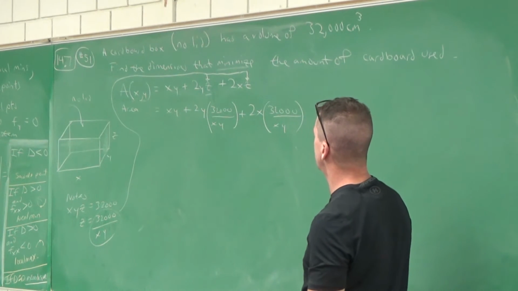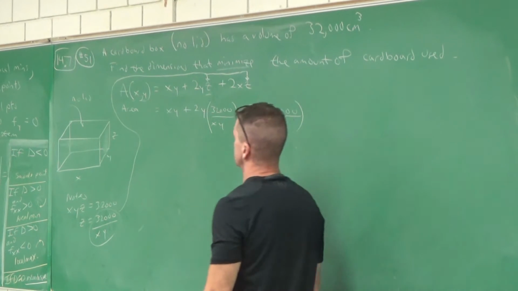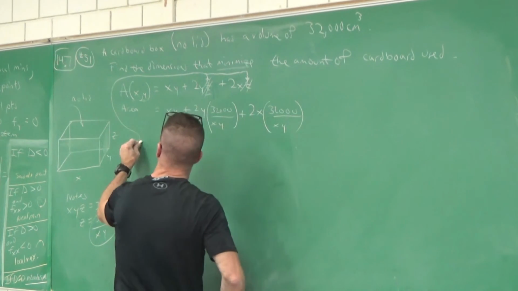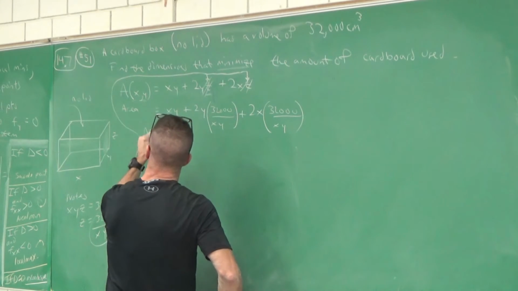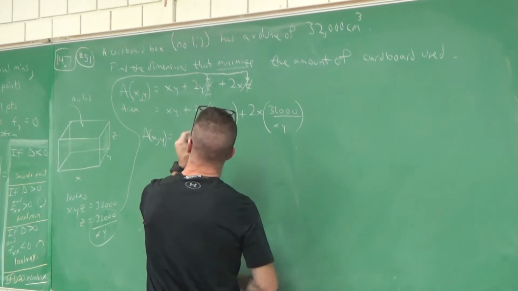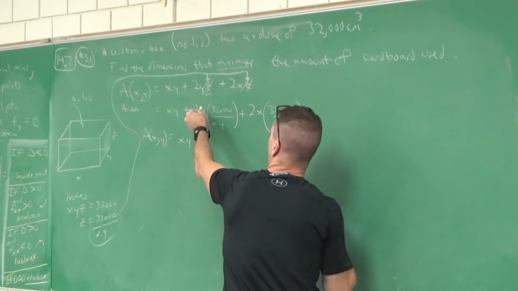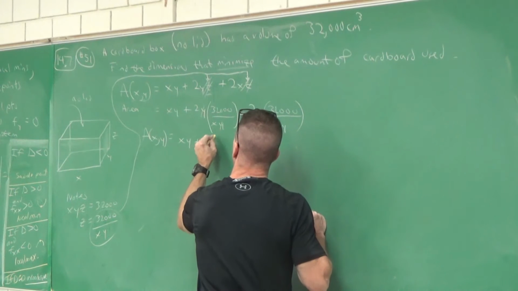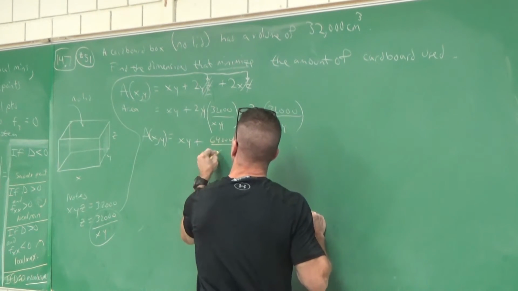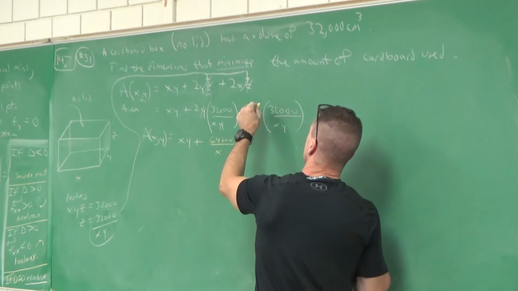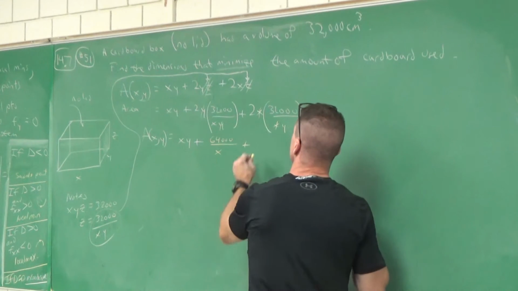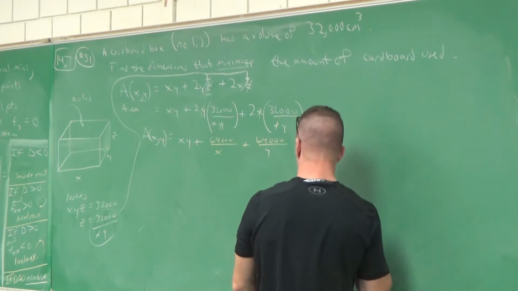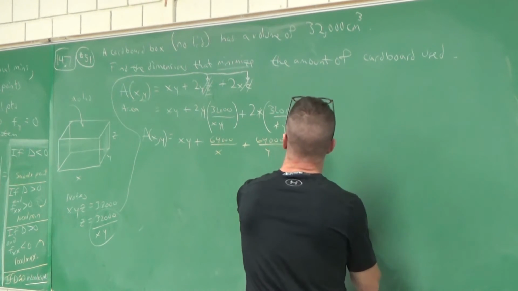Is anything simplified? Nice, you're getting rid of these. Now I do have a function of x and y. Area of x and y is equal to xy plus 64,000 over x plus 64,000 over y. There we go. Now we're ready.